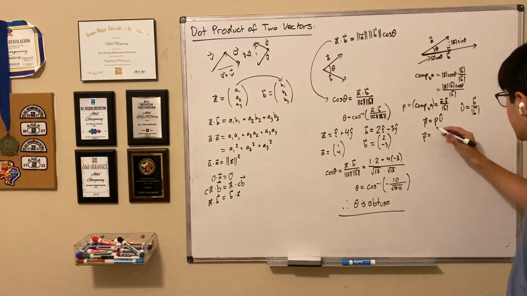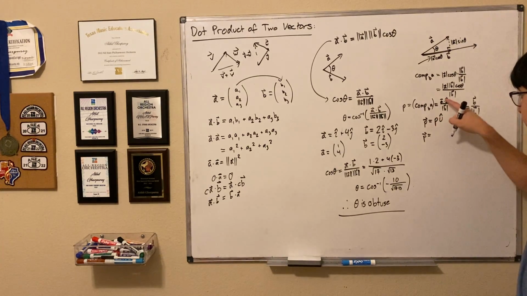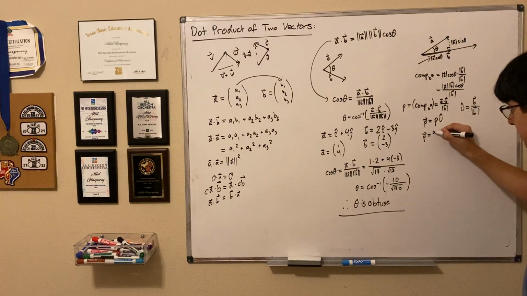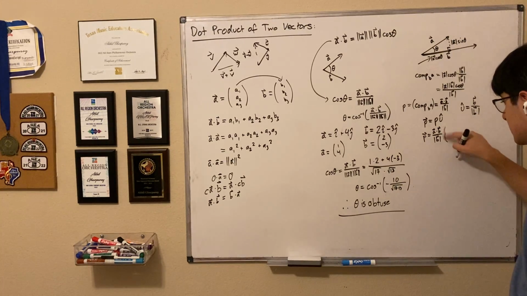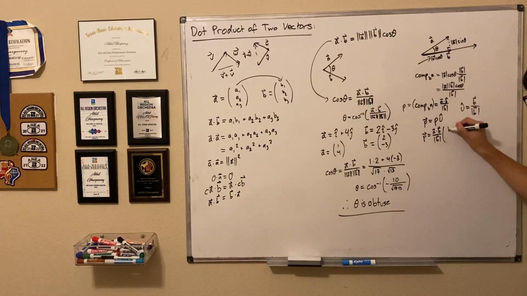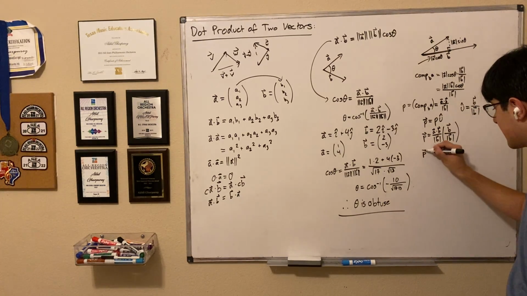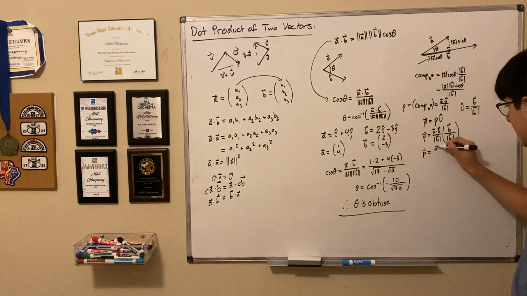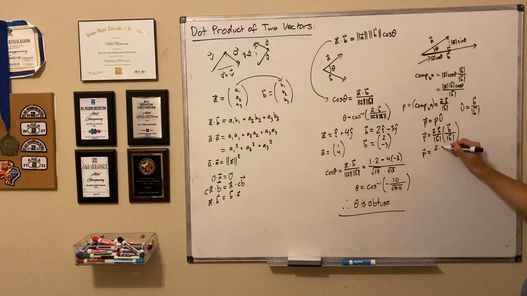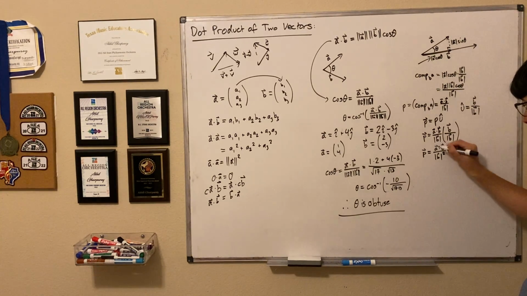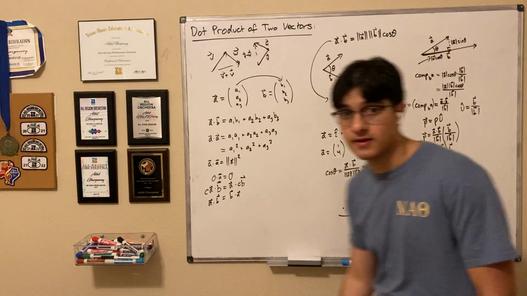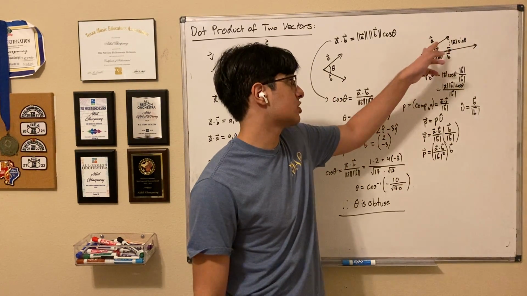The vector projection P is going to be the scalar A dot B over the magnitude of B, times, I probably shouldn't use a dot for that because then that's going to get confusing, times the vector B divided by the magnitude of B. So we can say that the vector P, or the vector projection of A onto B, is A dot B over the magnitude of B squared, this right here, times vector B. So this scalar quantity times vector B is going to give you the vector projection of A onto B.